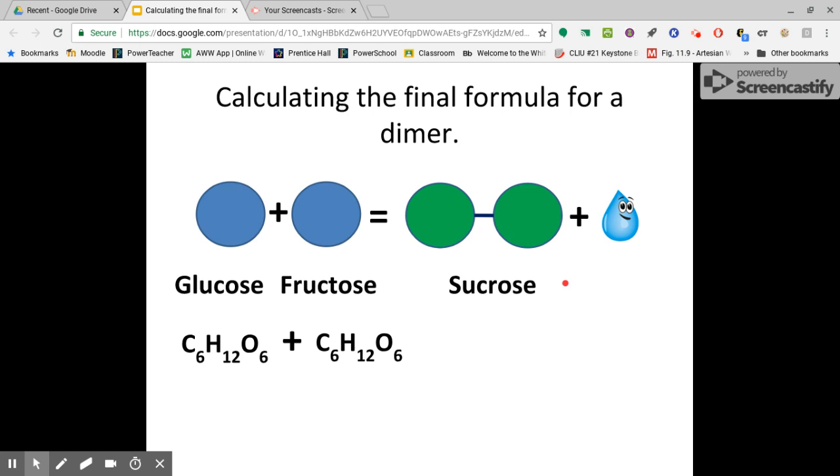Do you remember what we call molecules that have the same chemical formula, but different structures? Those are called isomers. So when we add them together, we're going to get some combination of C, H, O, plus, of course, a molecule of water.